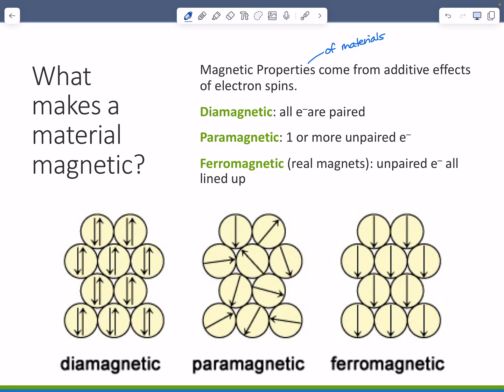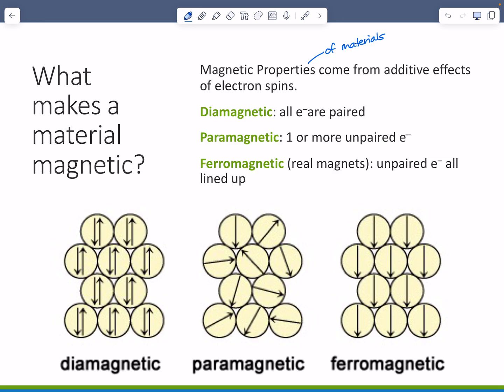So, we've got 3 materials shown here, and the circles represent the atoms in that material. And the way those spins line up in the material gives you the properties of that material with respect to how they behave in magnets.